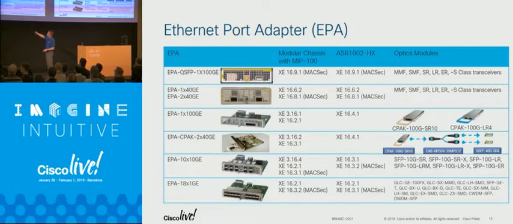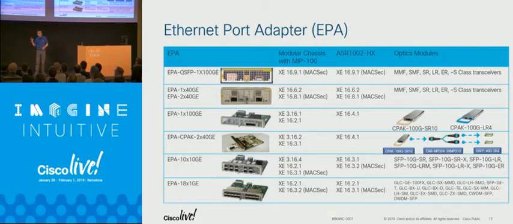First, those EPAs are not only supported on the modular chassis, but also on the 1002X, the fixed chassis, which we're going to talk about next. Second, you see that except for the two EPAs in the middle, the rest of the EPAs all support MACsec encryption. So they allow you to do layer 2 encryption at LAN rate across Ethernet transport services.